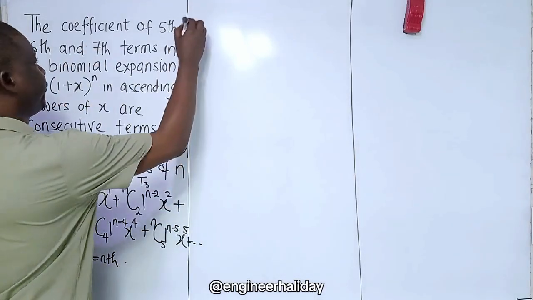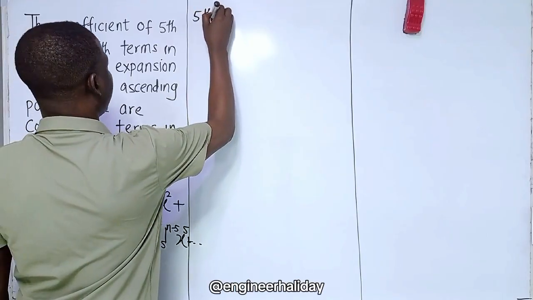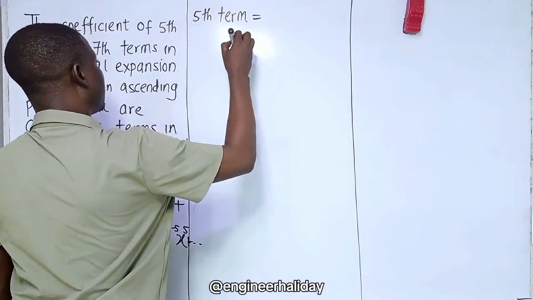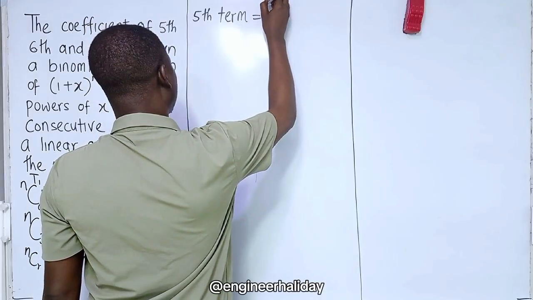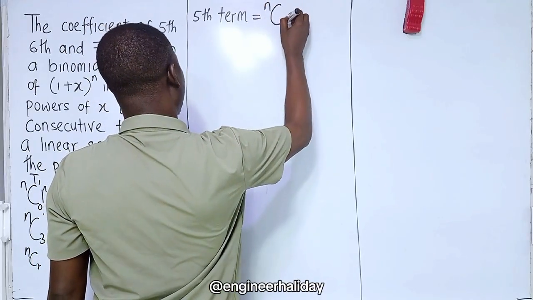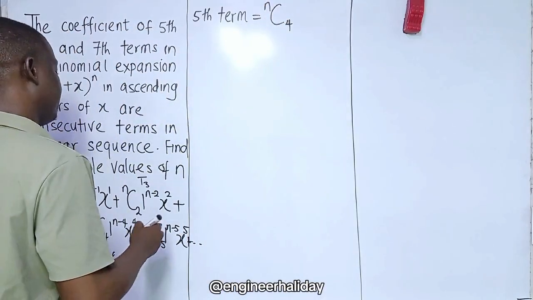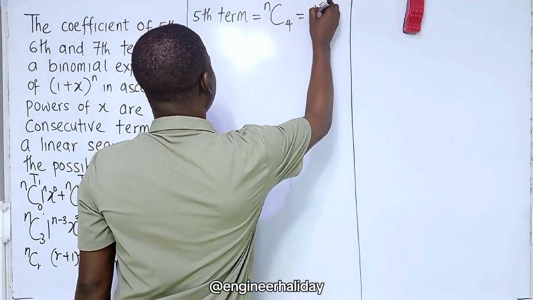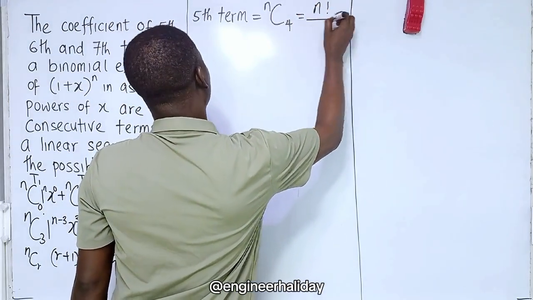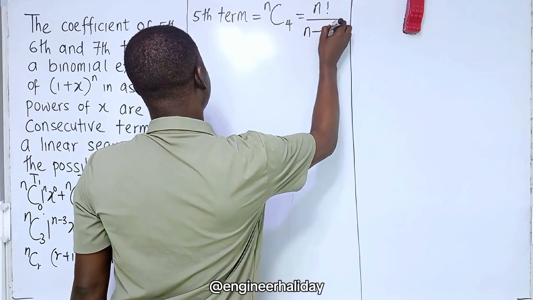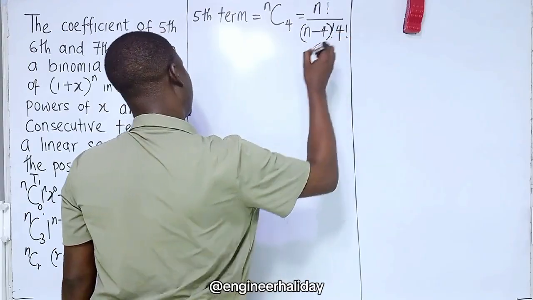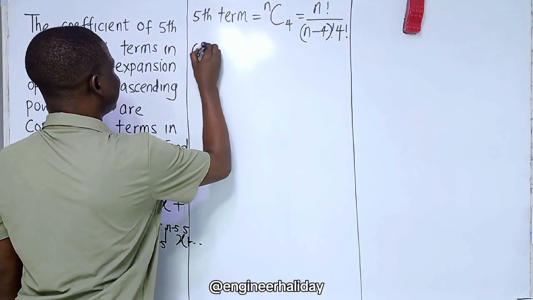So the fifth term, for instance, has coefficient nC4, which is the same as n factorial over (n minus 4) factorial times 4 factorial. What about the sixth term?